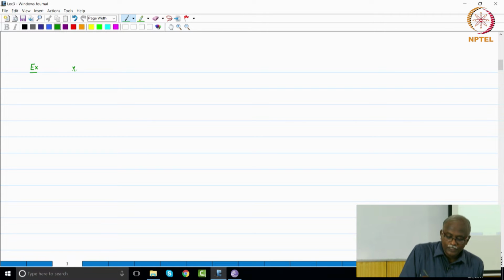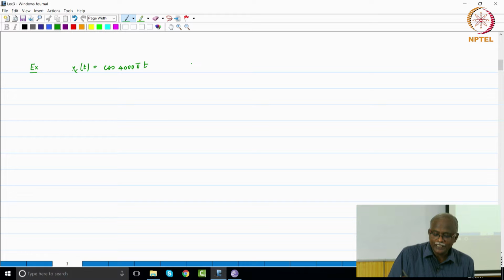So, we looked at a continuous time signal xc of t, which was cosine 4000 pi t. If I treat it using the continuous time notation, cosine omega naught t, then omega naught is equal to 4000 pi.